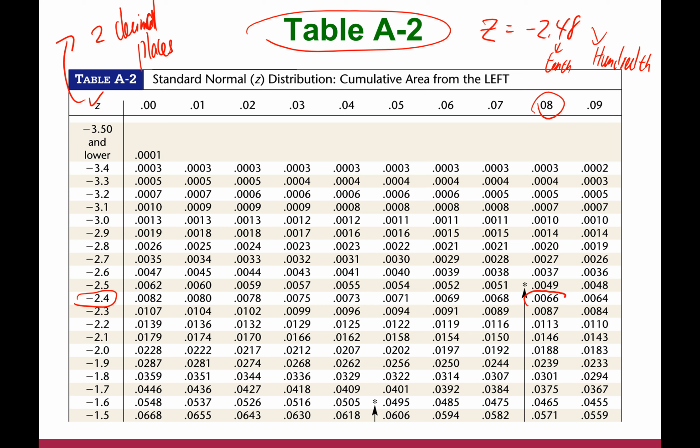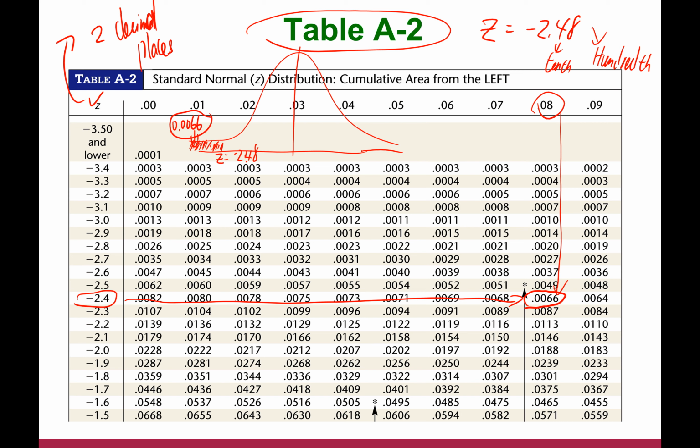The probability turned out to be 0.0066. And table A2 only gives us area to the left, meaning if you draw the bell curve with a z-score equal to negative 2.48, then the area to the left, basically on the left tail, turned out to be 0.0066 when you look it up.